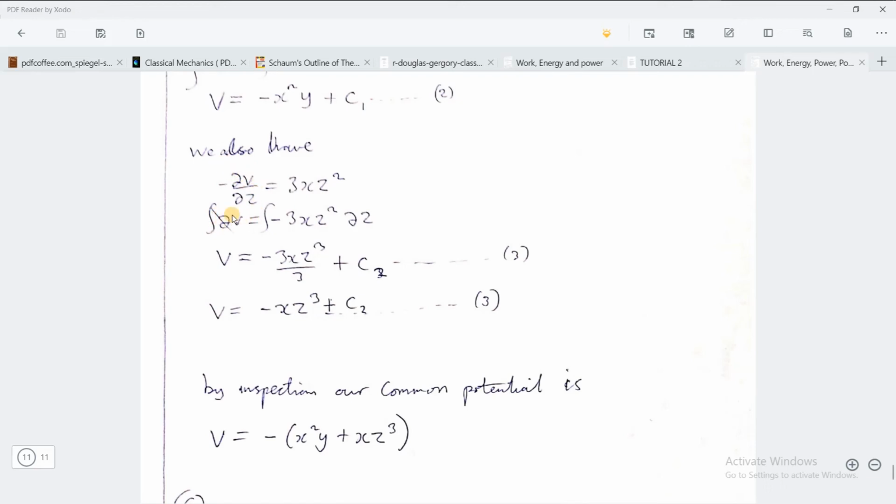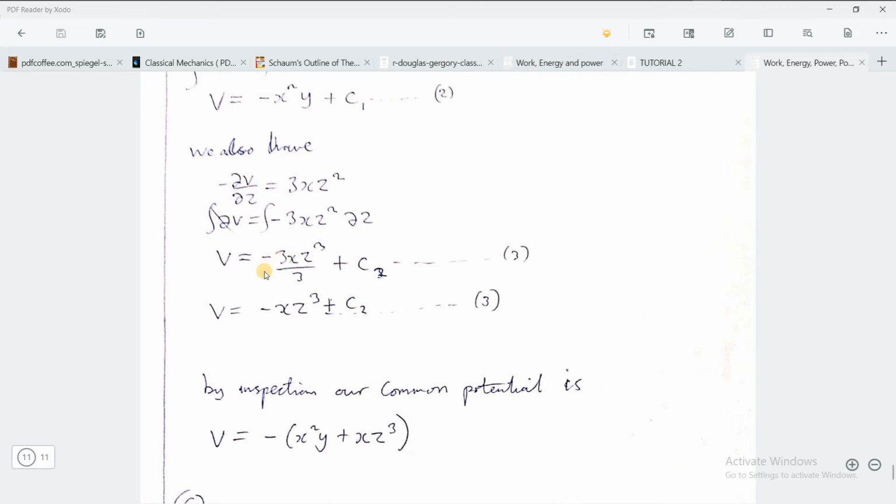Alright, so we get partial v being equal to the integral of minus 3x z squared partial z. Then we take the integral there and the integral there, cancel there and cancel there, we get v being equal to minus 3x z cubed over 3 plus c2, where we have v equals minus xz cubed plus c2.